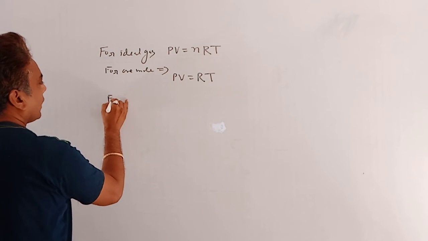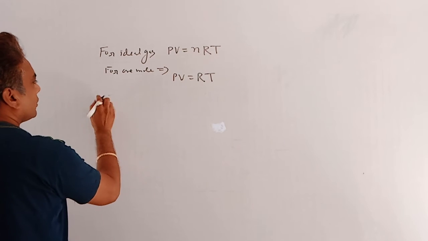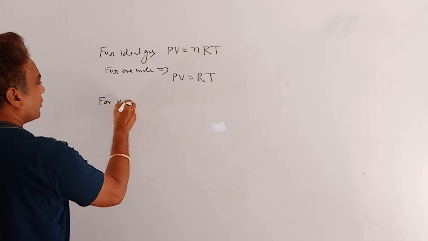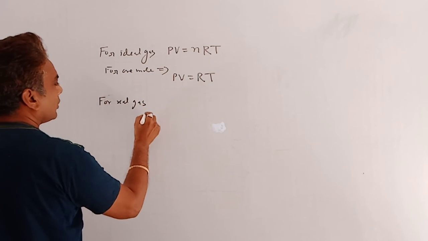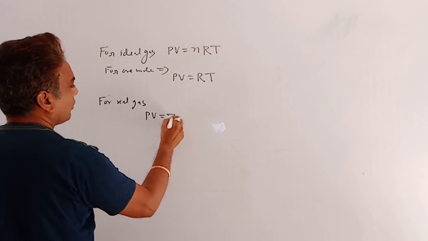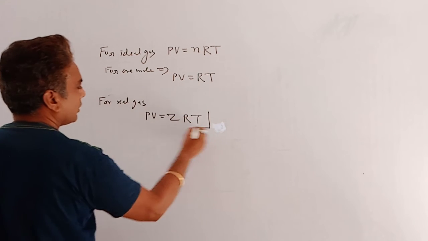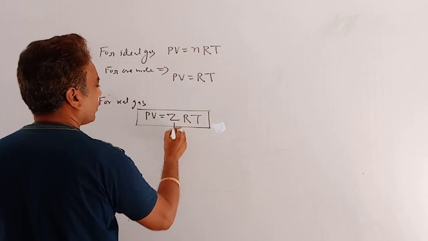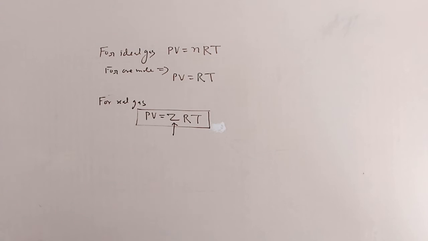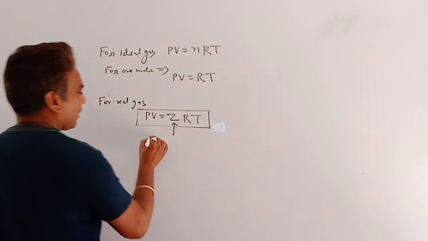But for real gas it is PV is equal to ZRT. Z is called compressibility factor.